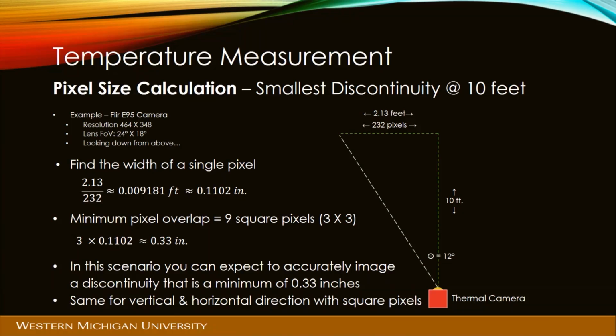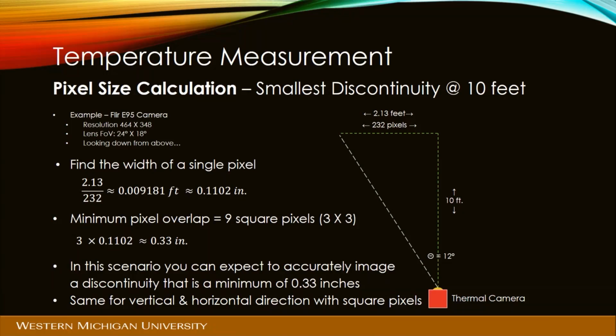Okay, great. But that's where understanding your camera, knowing how many pixels you have, what the ratios are, what the angles are, and what your aspect ratios are, becomes important. To be able to say, if I have to find a flaw, and that flaw is a certain size, where do I have to stand? How close do I have to be? Because you're setting your distance from you to the object.